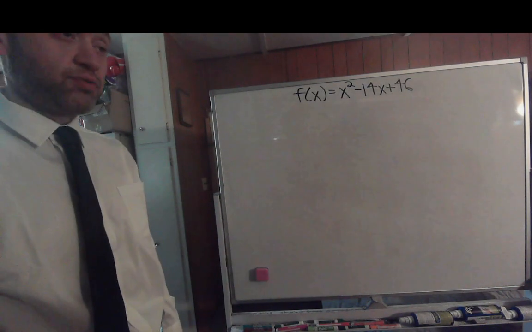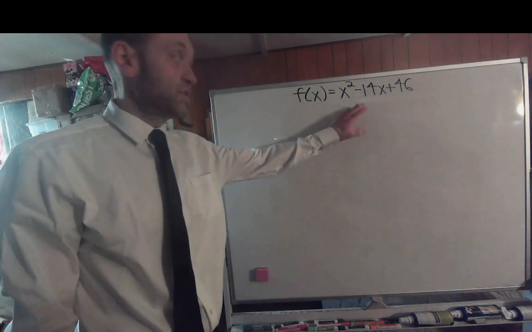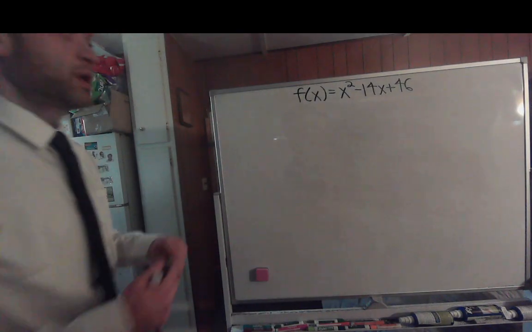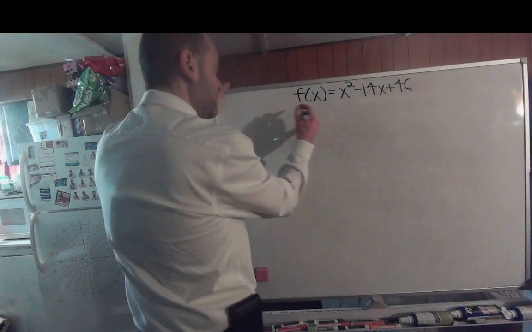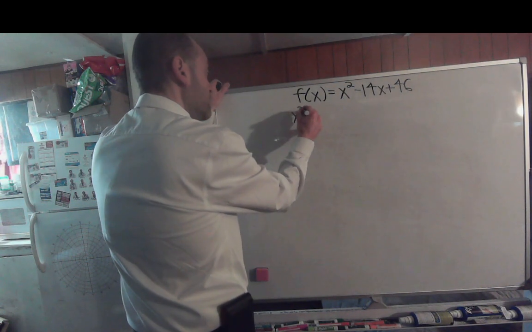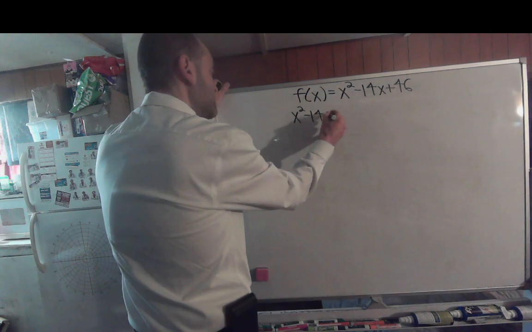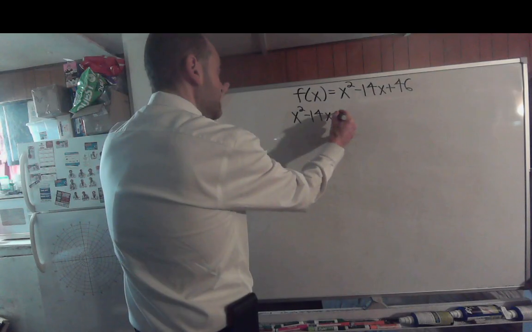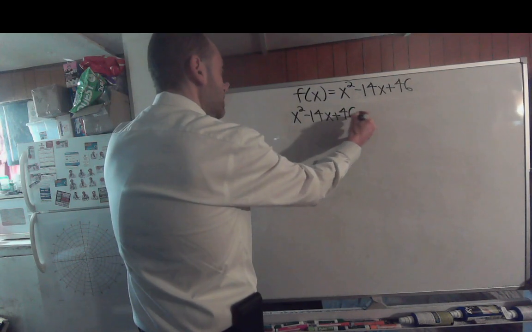Personally, I would prefer completing the square because we have even numbers, which will make completing the square a lot easier. So let's take that x squared minus 14x plus 46 and set that equal to 0.